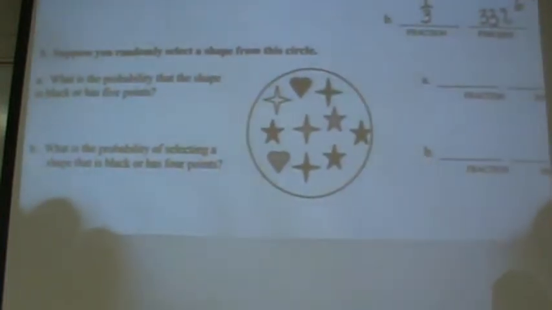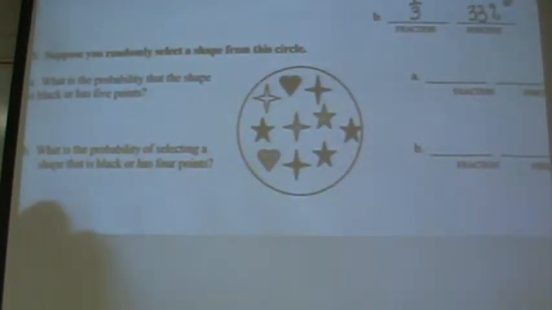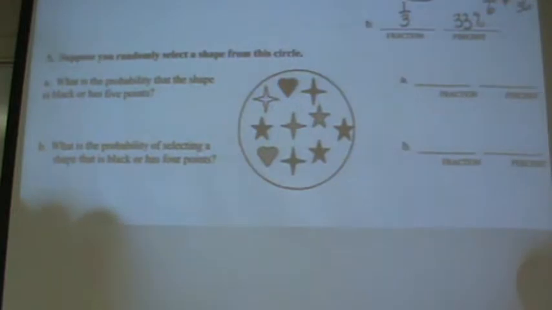Number 5. Now number 5, we're not told whether it's independent, dependent, mutually exclusive, or inclusive. So we have to decide that for ourselves. Number 5A says, what is the probability that the shape is black or has 5 points?